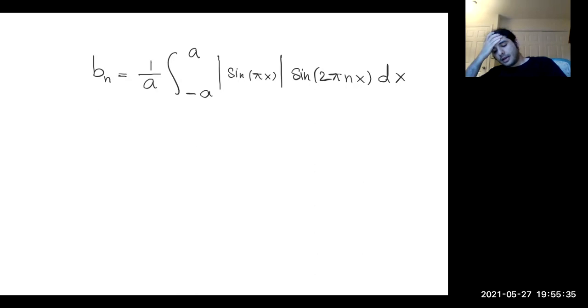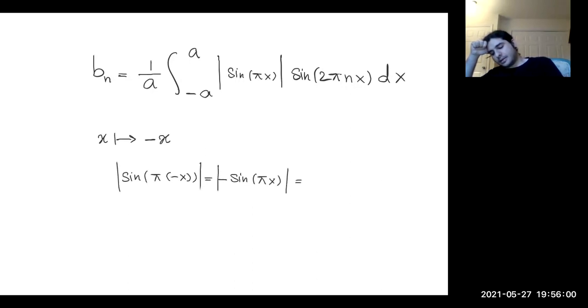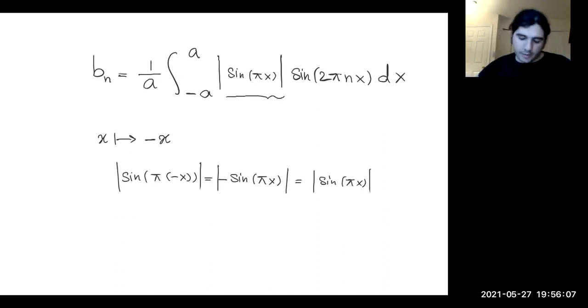If I replace x with minus x, this part does not change, because sine of pi times minus x is equal to minus sine of pi x, but after the absolute value, it really does not matter. It is equal to the absolute value of sine of pi x, so it does not affect this one if I replace x with minus x.